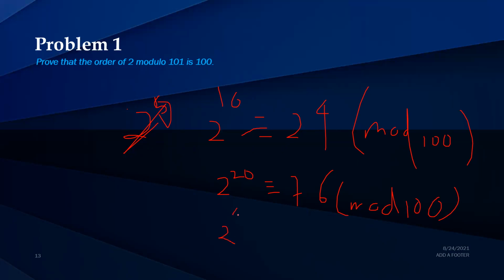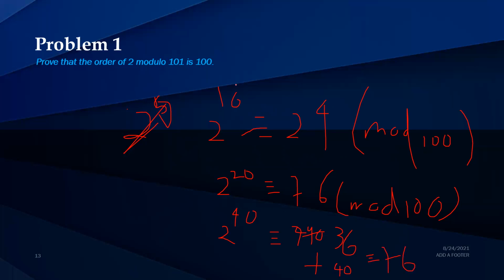Now let's again square it, 2 raised to 40. 76 squared is 70 plus 6 squared, 4900 plus 36 plus 2 times 70 times 6, 840. The 4900 is a multiple of 100, so leave it. It is 76 mod 100.